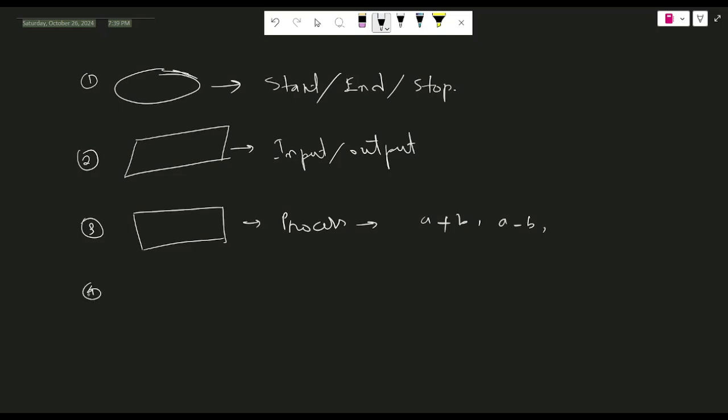The fourth diagram is very important, which is this one. It is a decision diagram. Here decisions occur, for example conditions. Two outcomes are there: yes and no, or true and false.